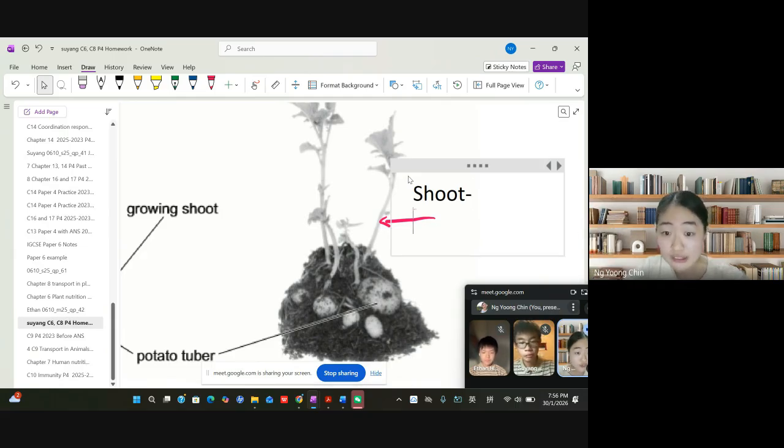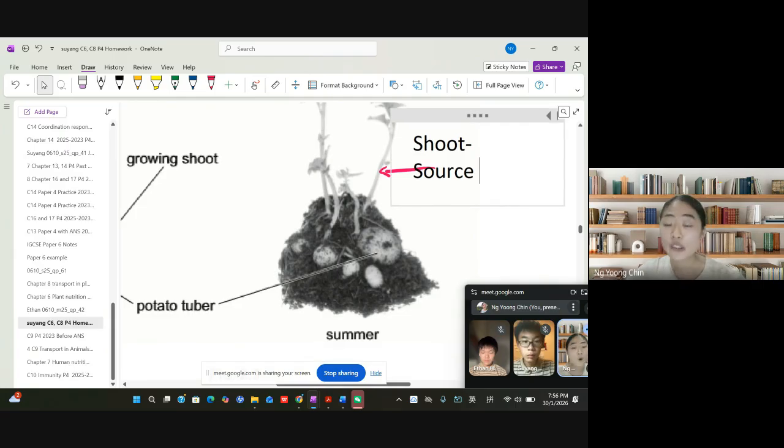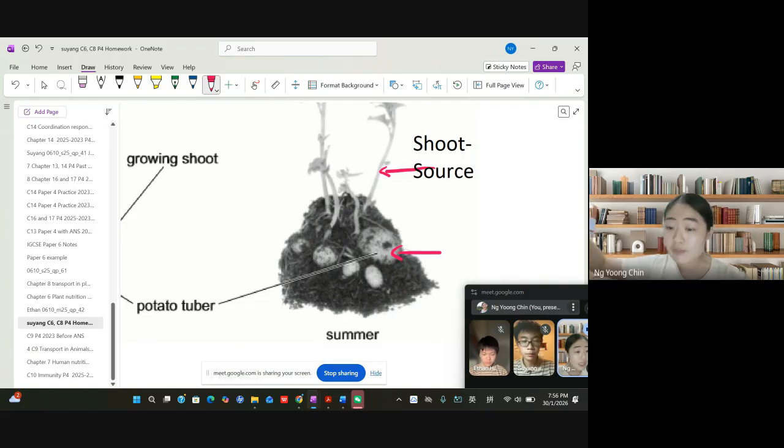Shoot, they can do photosynthesis in the summertime because there's a lot of sunlight. So that's why the shoot is a source. And then for this one, the potato tuber, it is an organ. They will just use up or store the nutrients. So the potato tuber is what we refer to as a sink.